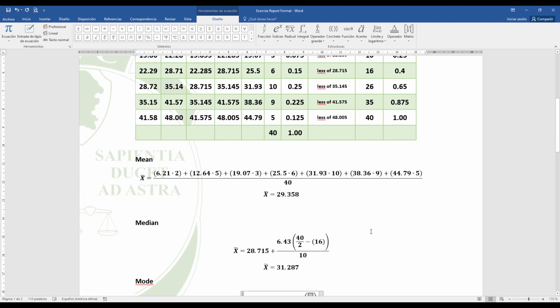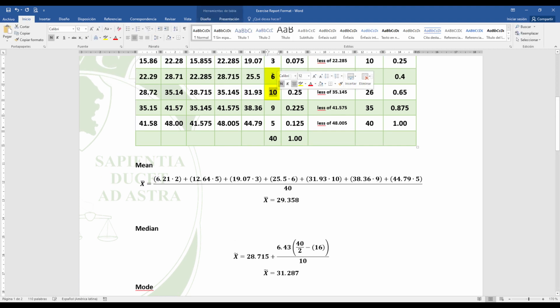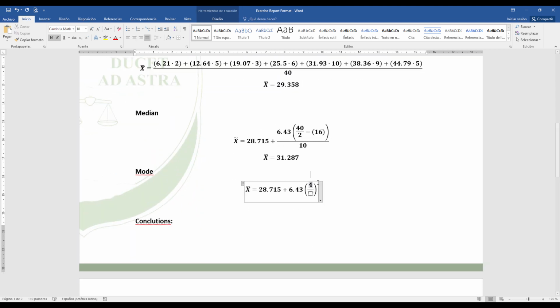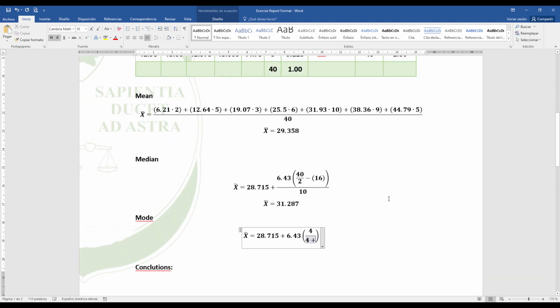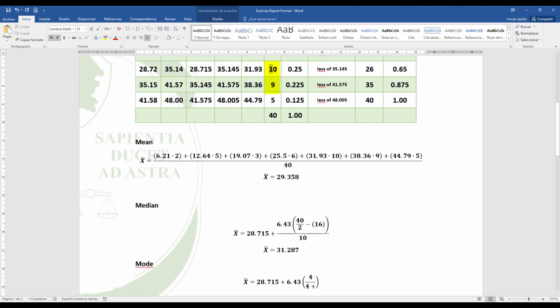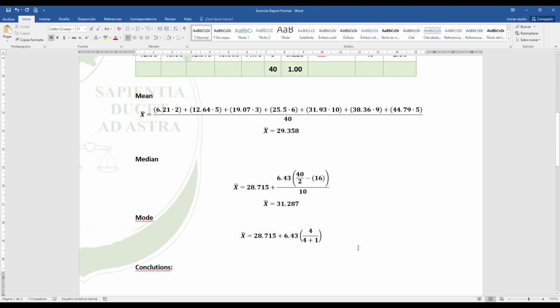Delta 1 is the difference between the modal class and the class before, so here it is 4. And delta 2 is the difference between the modal class and the next class, so here it is 1. Now when you calculate that, you get 33.859.